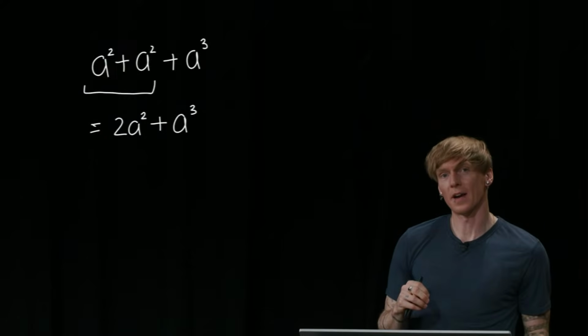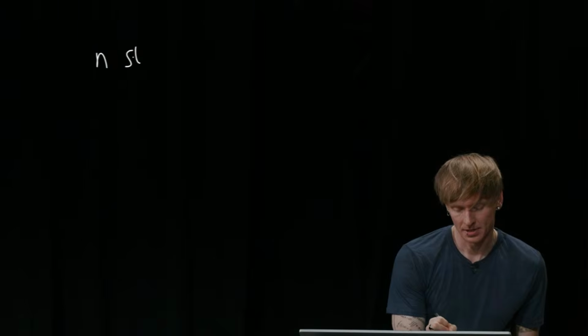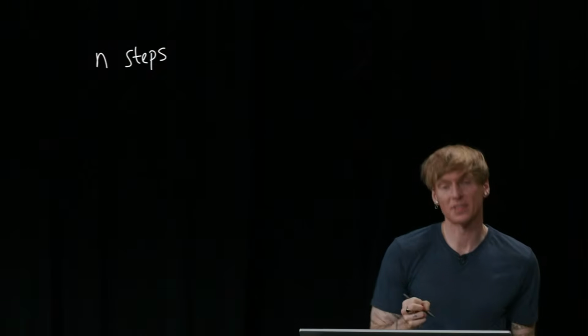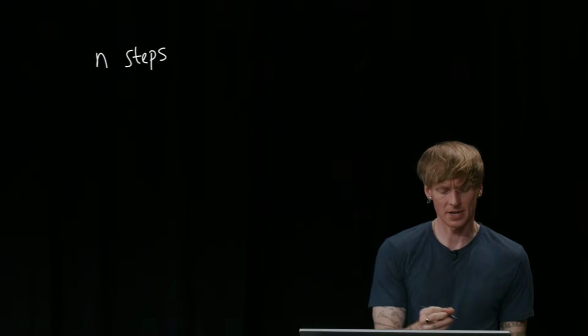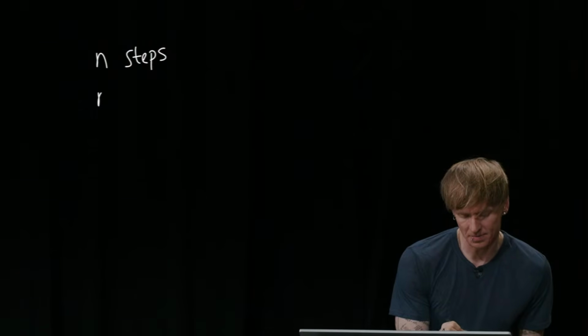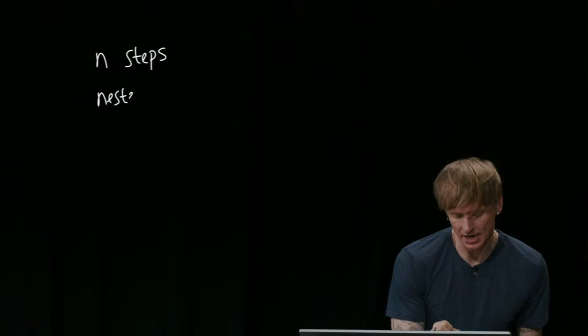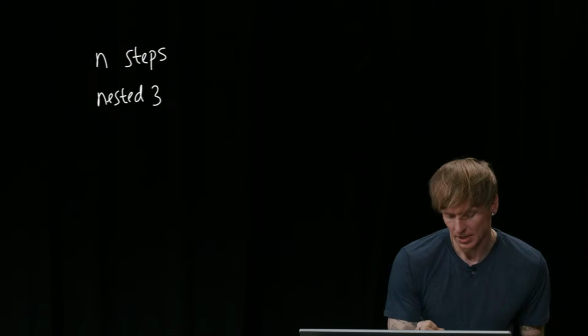And now a final, very computer science related example. Let's suppose that we have a program that we are coding up, that we're running, and it has n steps. So there are some number of steps based perhaps on a number of inputs. And then this program is going to be nested 3 times, or triple nested.